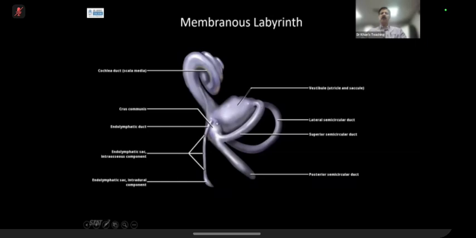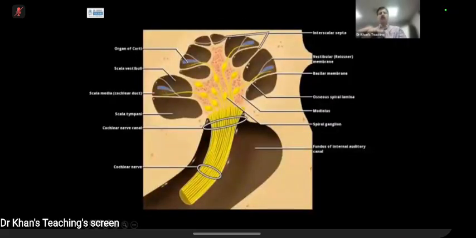Then there is the endolymphatic duct, which is this one, an endolymphatic sac, a cochlear aqueduct also, and a perilymphatic duct. Don't worry about that. This diagram shows you the microscopic structure of the cochlea and the nerve going in.